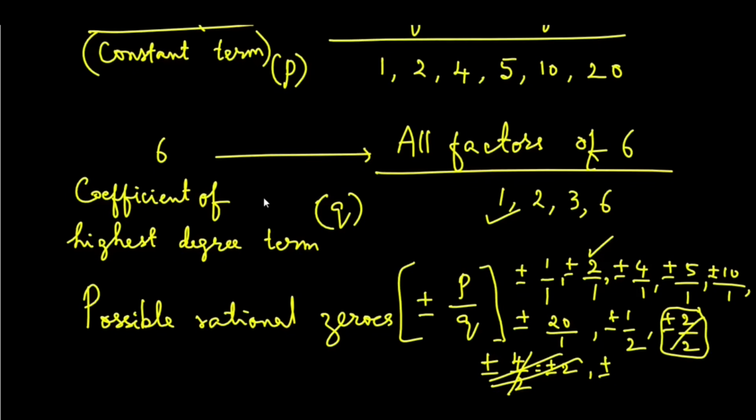Then plus or minus 5 by 2. Plus or minus 10 by 2. This is 5. We have already covered. Then plus or minus 20 by 2. This is plus 10. We have already covered.